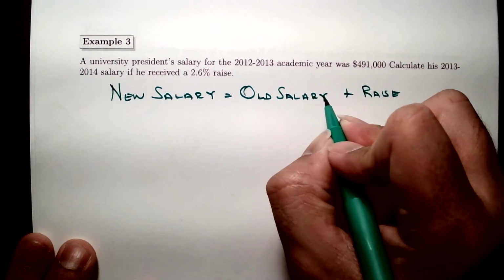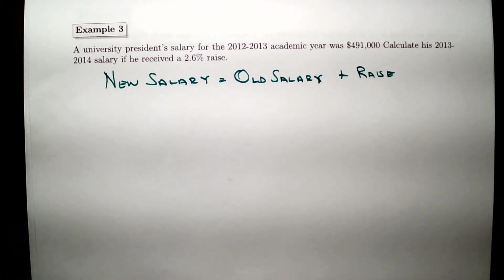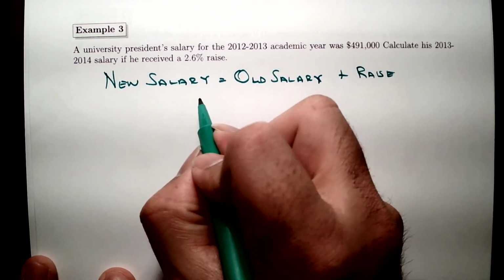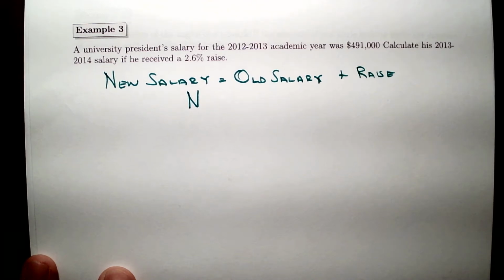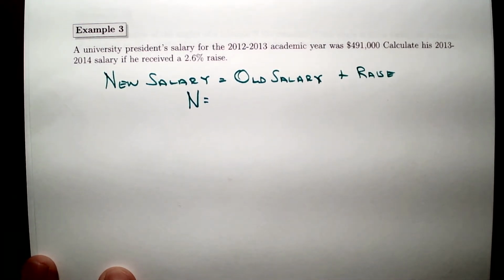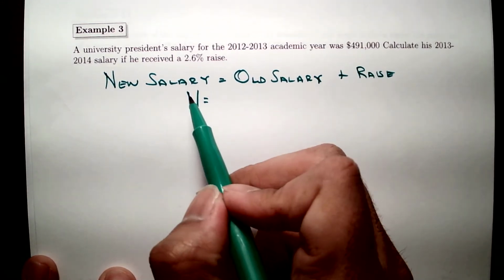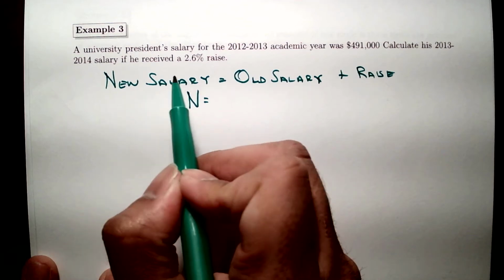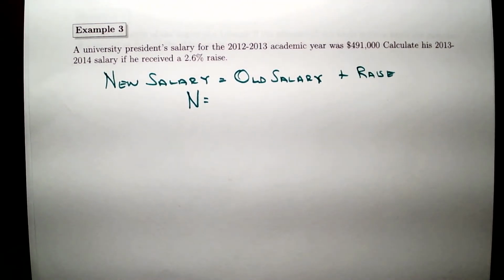That's what we would think every time we have some situation like this. So the new salary, I'm just going to call it big N. Doesn't matter. You could call it X if you want, but I'm using the big N just to relate it to the context of the situation here.